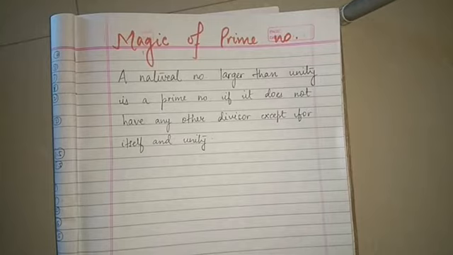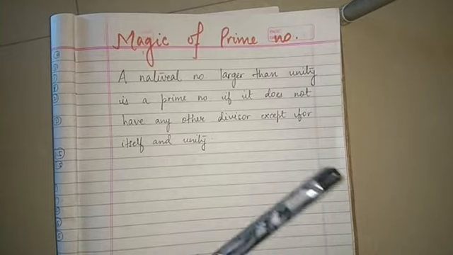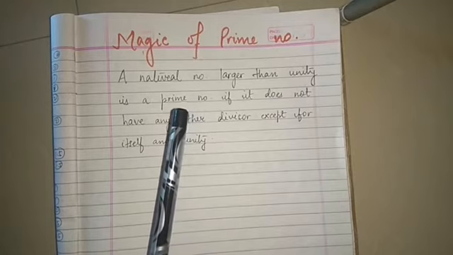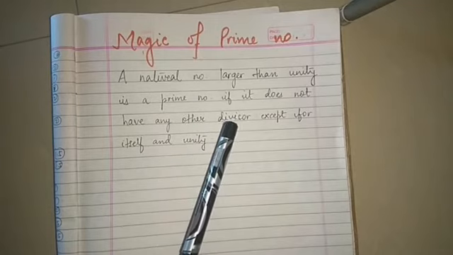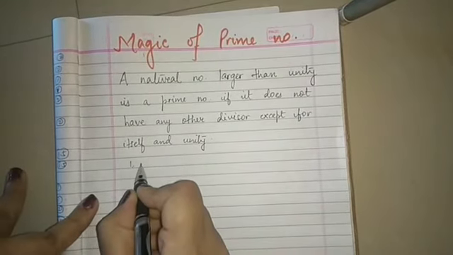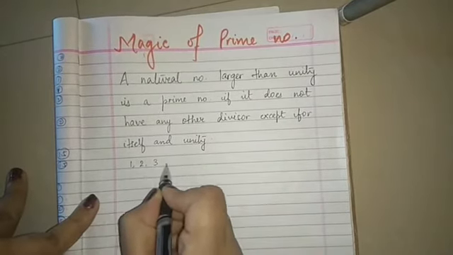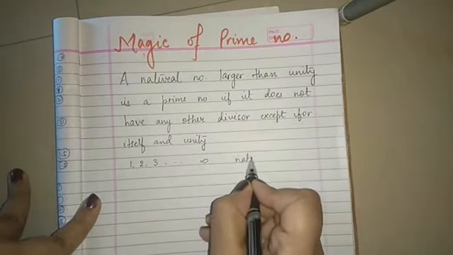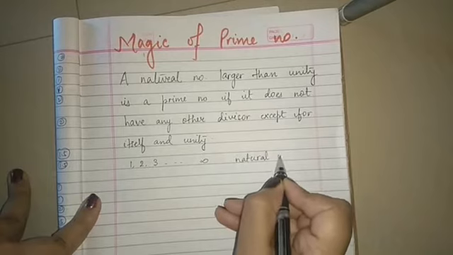The numbers which we can count, like 1, 2, 3, 34, 36. We can't count 0. So all numbers starting from 1 and going to infinity are natural numbers.